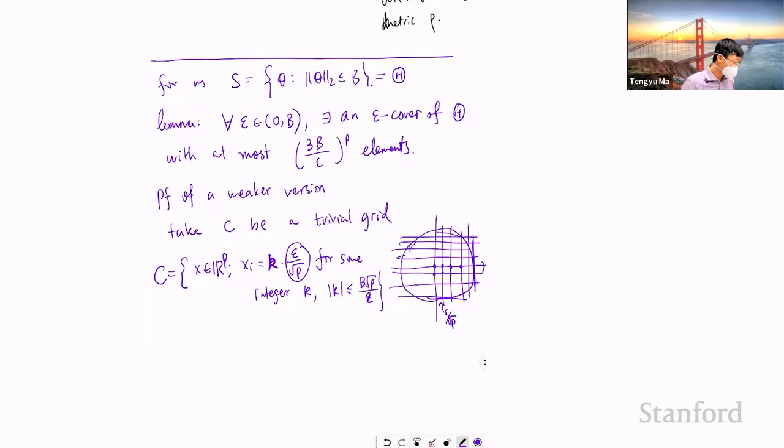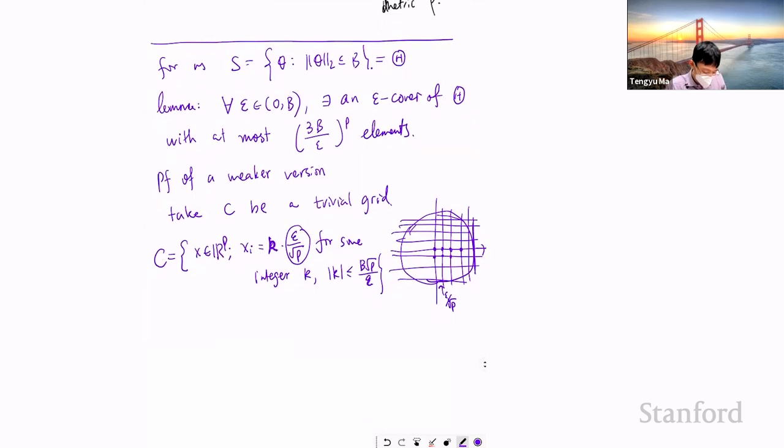Now we have to do two things. One is to see how large C is, and the second is to prove that this is an epsilon cover. Let's do the second thing first: why is this an epsilon cover? If you look at any point x in S, you just round it to the nearest point, call it x prime.